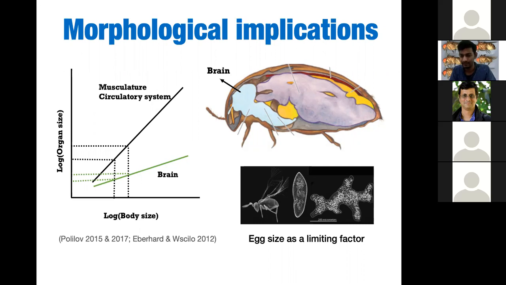What you're showing here is isometric. What I'm showing here is for the circulatory system and muscular system volume, and for the brain. What I haven't actually told anything about here is the metabolic rate, and I'm sure there are differences in metabolic rate slopes as well when it comes to different organ systems. But again, I don't know if such a thing is known in insects.